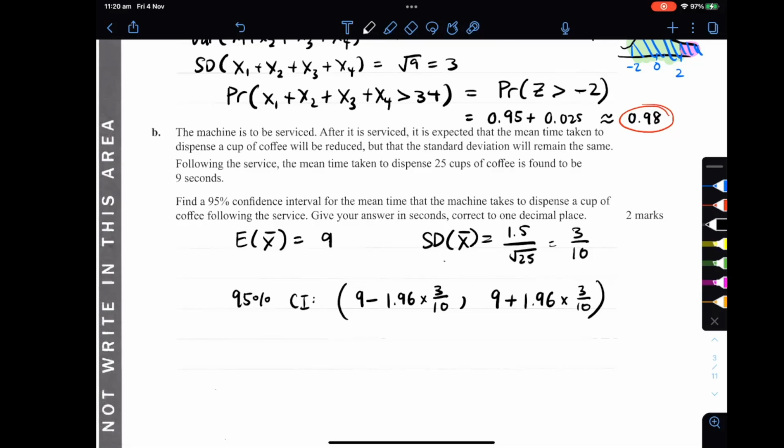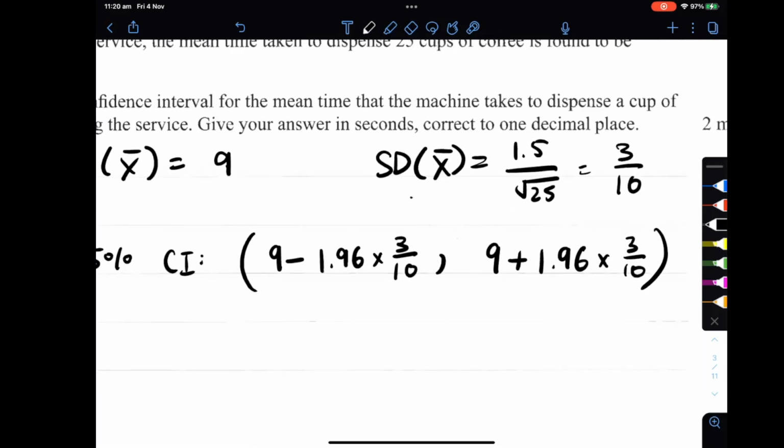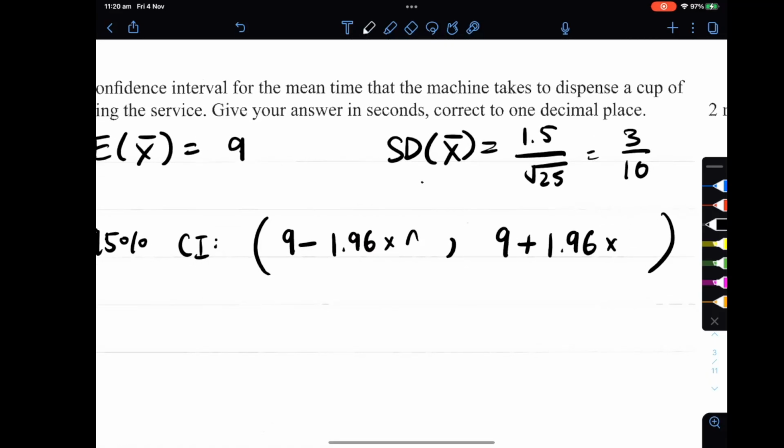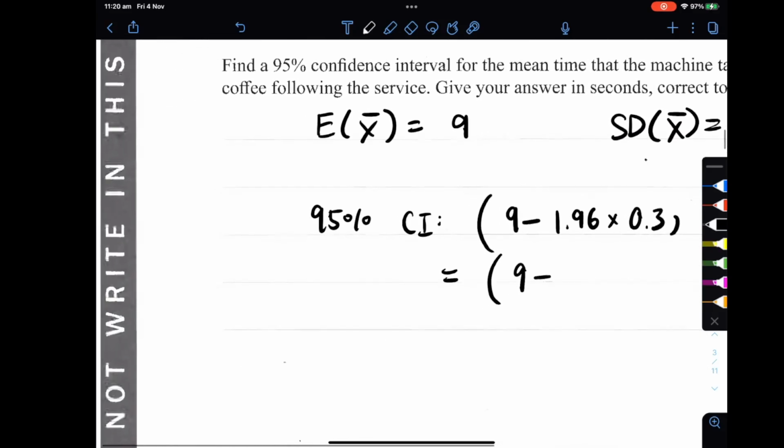Maybe it's worthwhile writing this as 0.3, since we're dealing with decimals. Right, so we get 9 minus 1.96 times 0.3.